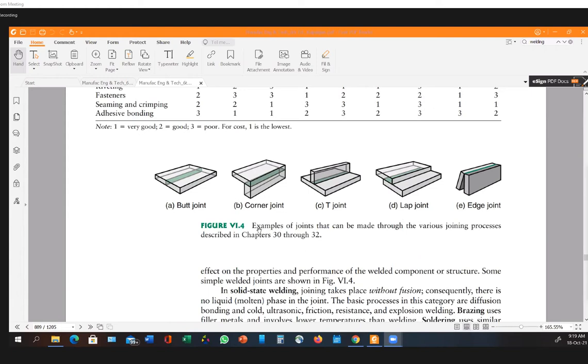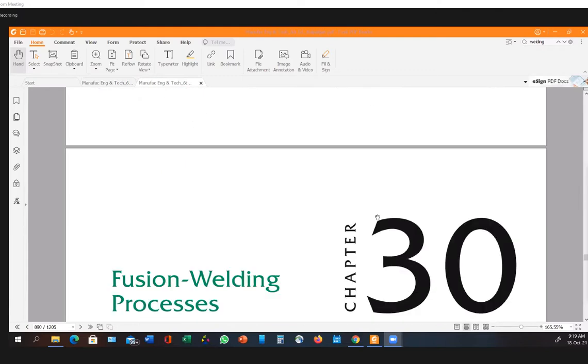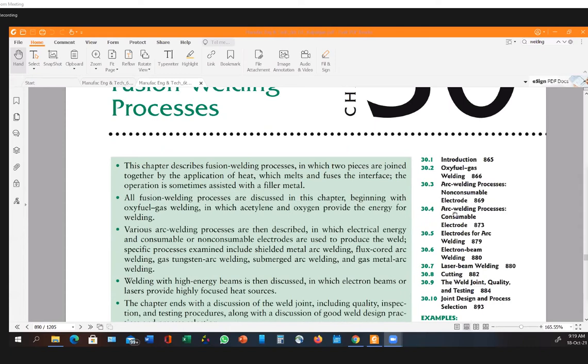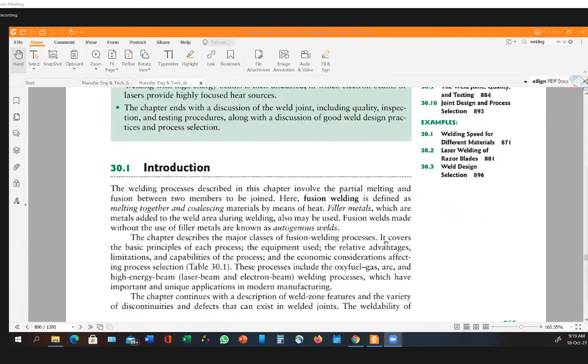Some of these things I was discussing with you, right? এখানে সুন্দর ছবি আছে, butt joint, corner joint, lap joint, edge joint নিয়ে আমরা যে বললাম বন্ধুরা, and basically a fusion welding process. এখানে most of these ones you will get oxygen gas, oxyacetylene, arc welding, then electron beam, most of these under discussed.